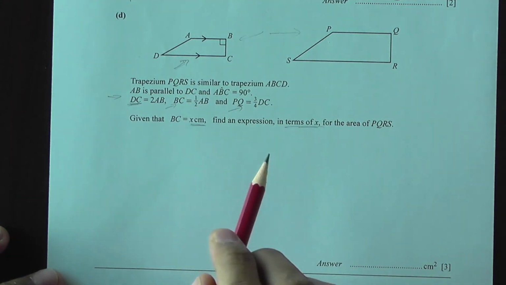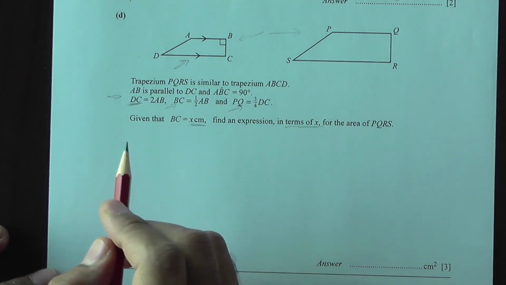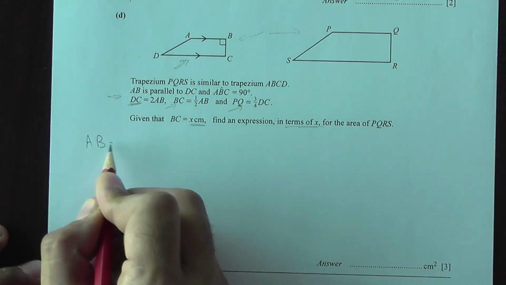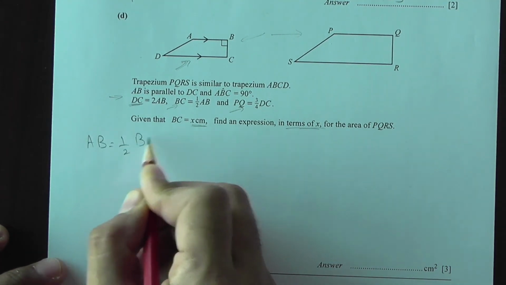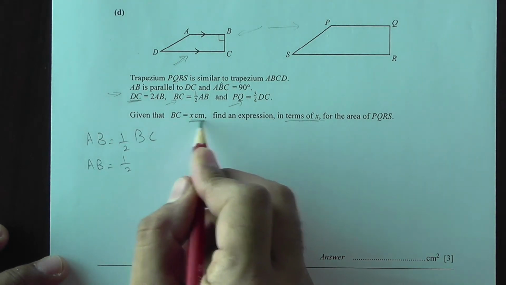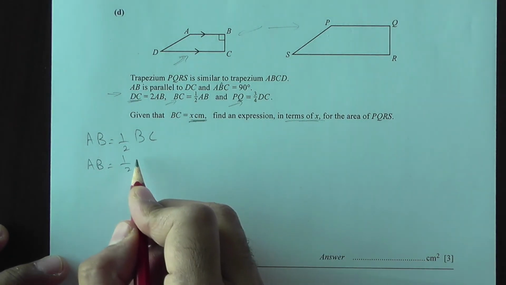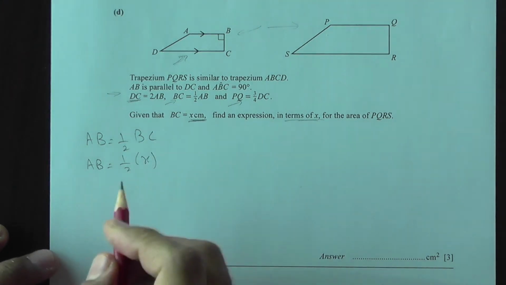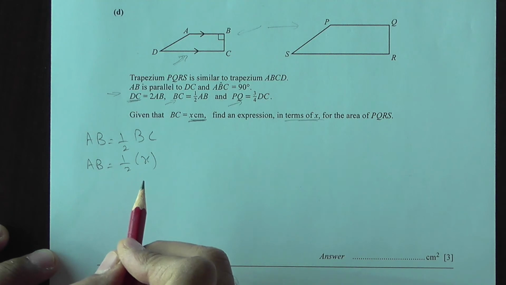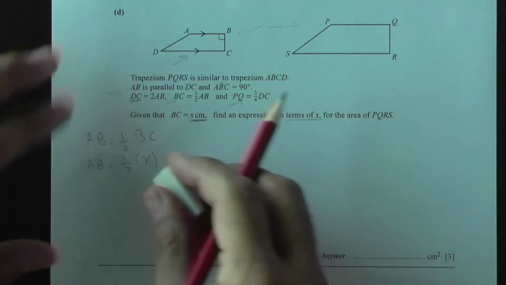So first AB. How do we find AB? AB is half of BC. So AB is half of BC, and AB then is going to be, since BC is x centimeter over here, AB is going to be half x. Sorry. No, this is wrong. My mistake.